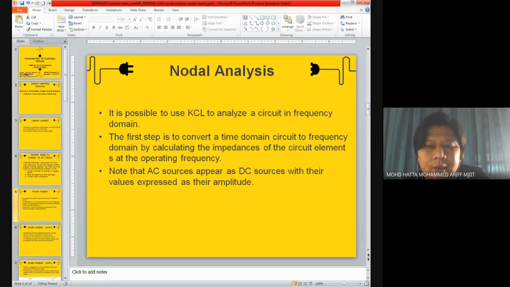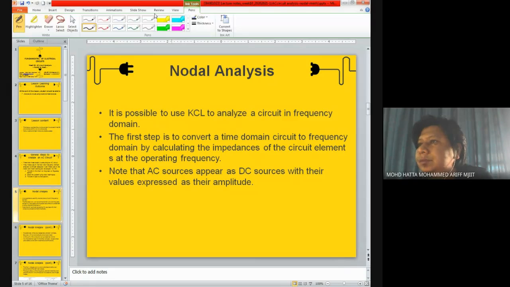For example, let me draw it here. First, we have something which looks like this. This is a 5 millihenry inductor, and this is 10 ohm.